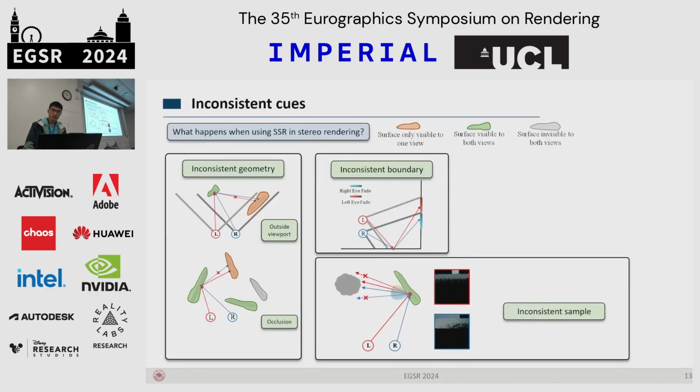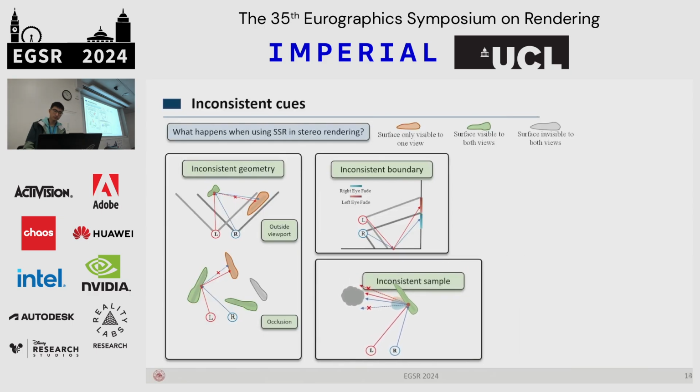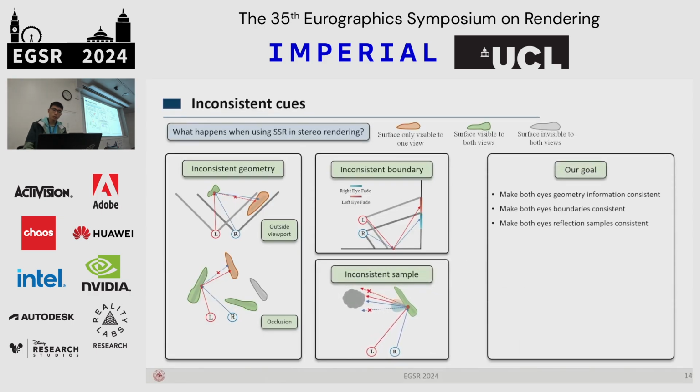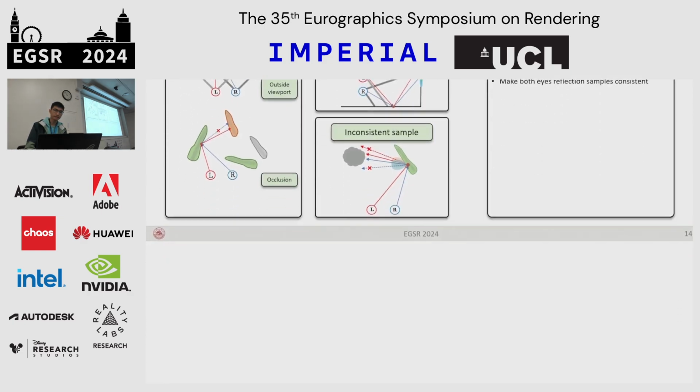This introduces significant noise. Even with a spatial temporal filter, the inconsistency in noise can still greatly affect visual comfort. Overall, we have identified three types of inconsistent cases, and our goal is to mitigate these inconsistencies and achieve consistent reflection results in stereo rendering.